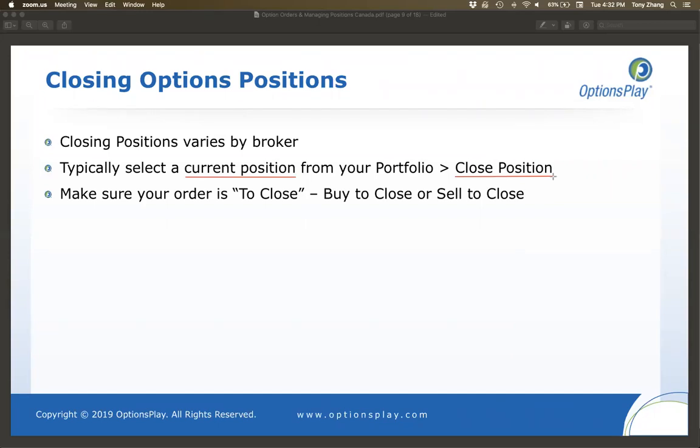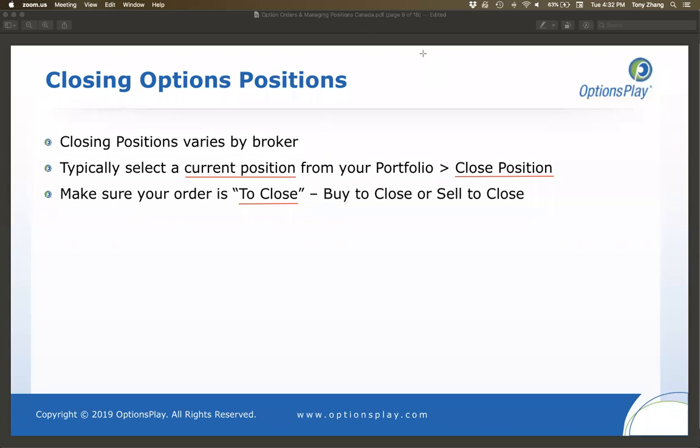And when you click on that, your broker should be able to populate a ticket that is going to be to close for the contract that you currently have open. And this could either be a buy to close or a sell to close, depending on whether you're long or short that option. But this is really how typically most brokers' platforms help you automate the process for closing a position.